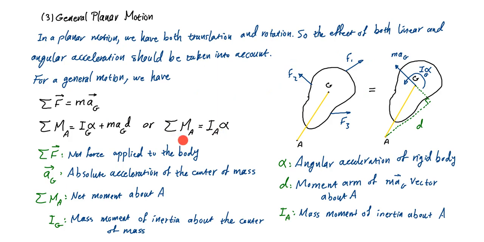This is not a new expression. This is exactly what we were using when we were studying the rotation over the fixed axis. It's pretty much the same thing. As I said, general planar motion includes translation and rotation, so we take translation into account and we take rotation into account.